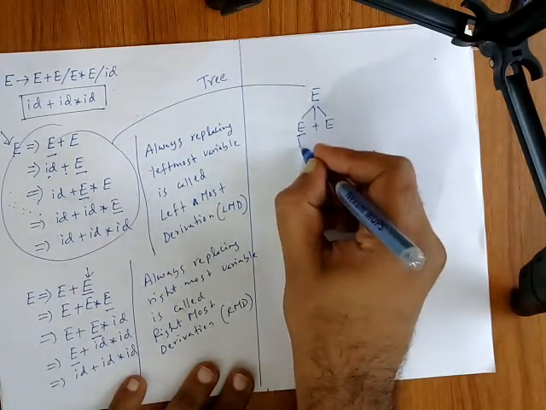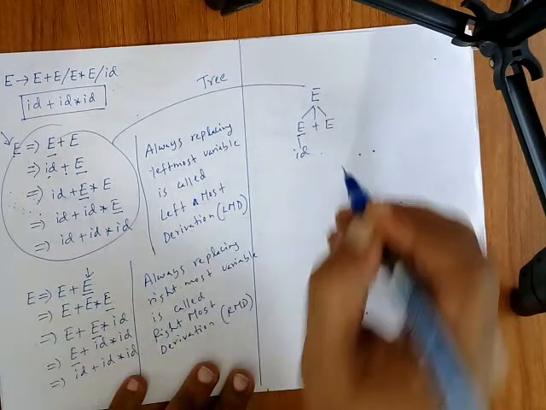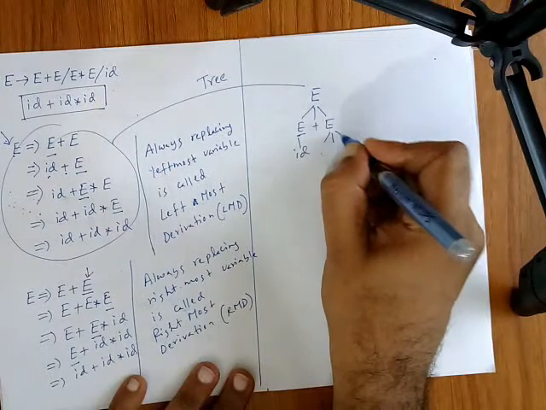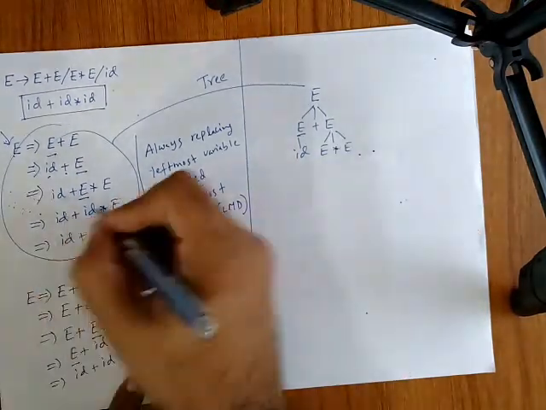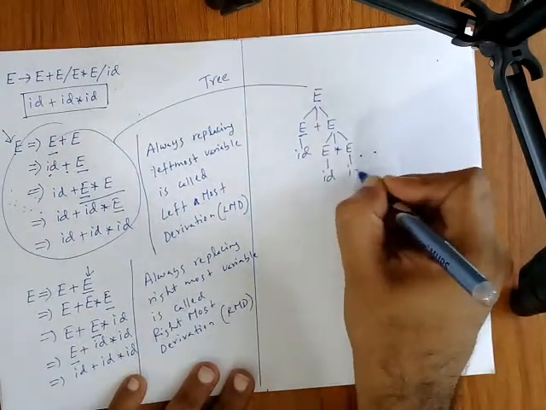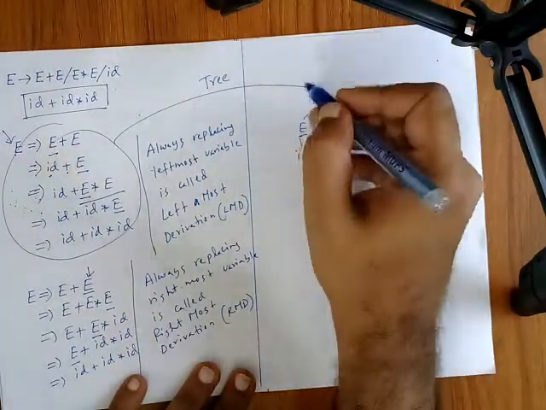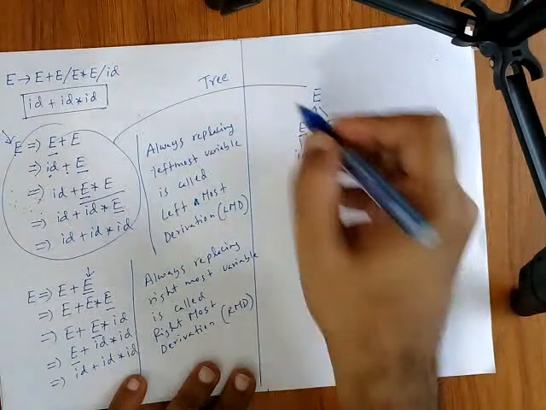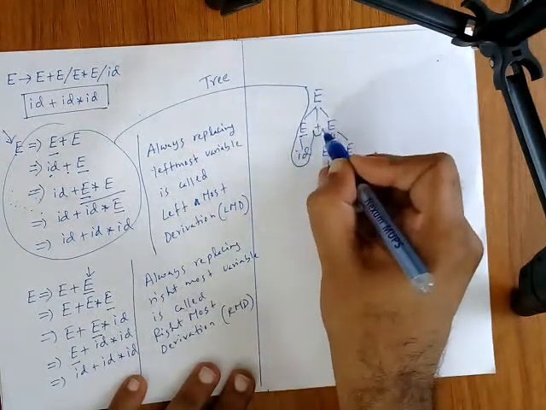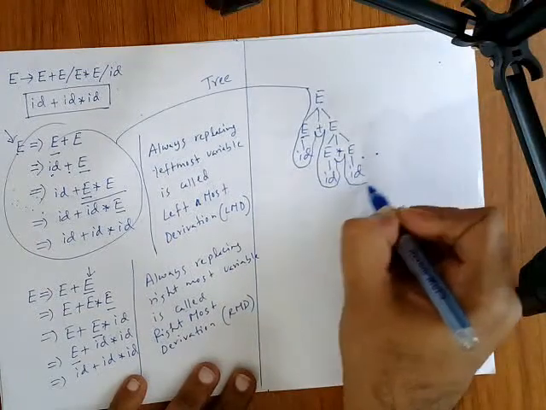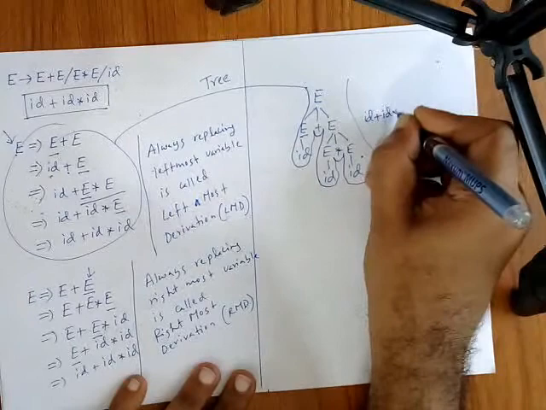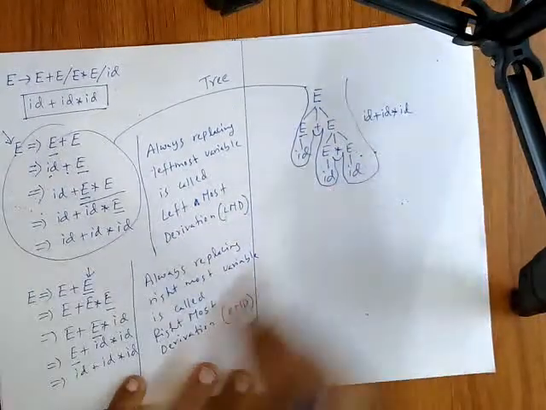Then this E would become E star E. Then this E would become ID, and this E will become ID. So what is the yield? From top to down, left to right, ID plus ID star ID. So the same string. Do you agree with me or not?